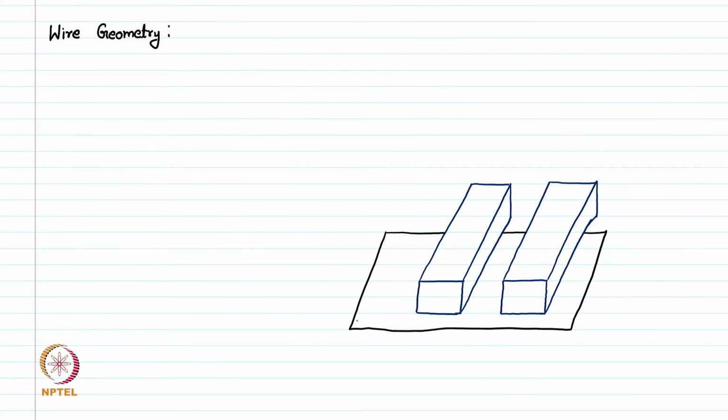So this is your substrate. These are your wires, let's say wire 1 and wire 2. The thickness of the wire is T, from here to here.